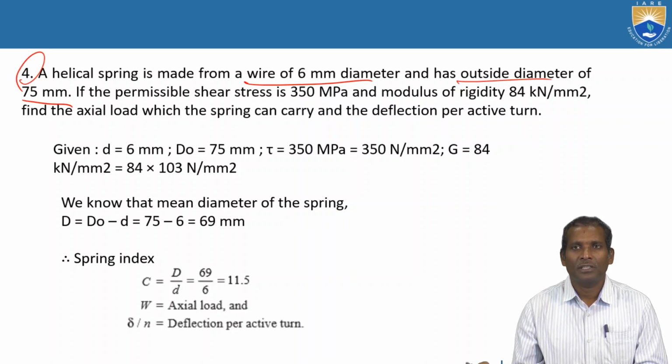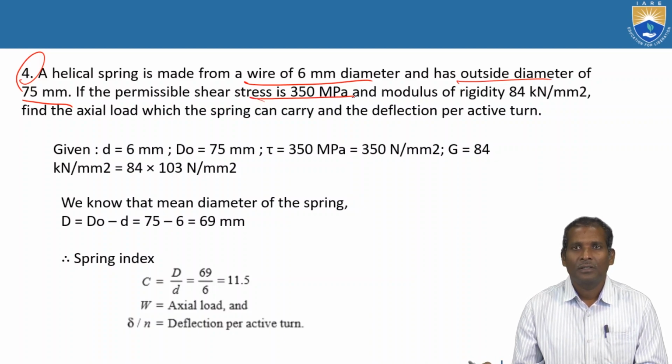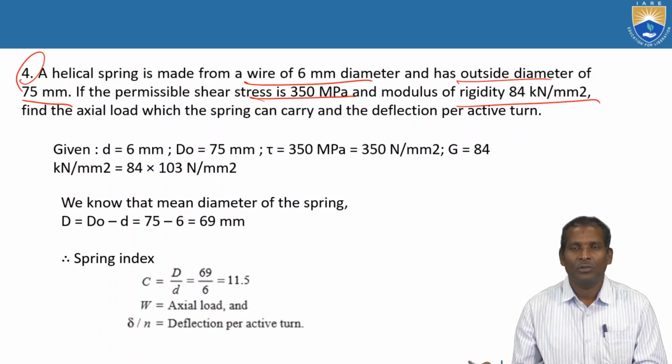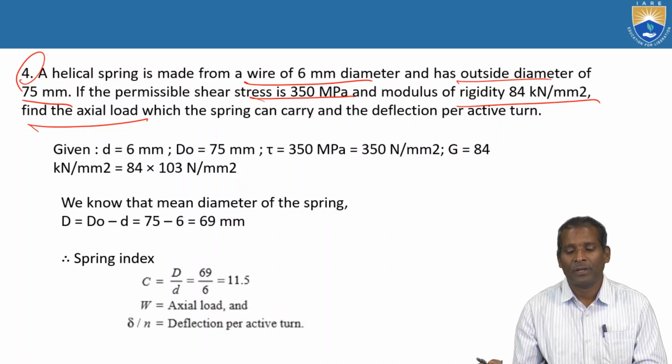If the permissible shear stress is 350 megapascal and the modulus of rigidity is 84, find the axial load W which the spring can carry and the deflection per active turn.